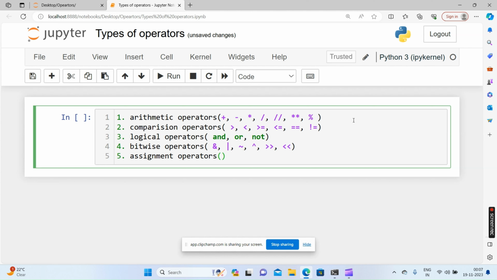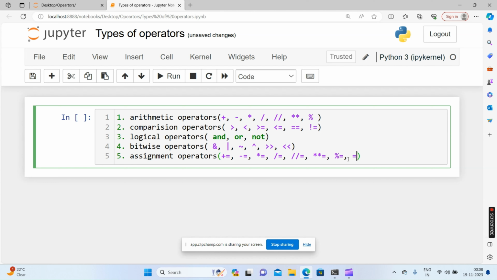So here it is pre-increment, pre-decrement, pre-multiplication, pre-division, pre-float division, pre-exponent, pre-modulus. So here you can see all the symbols are before the equal sign.